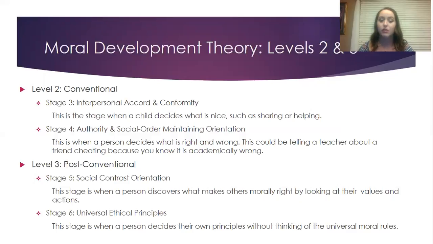Stage 6 is when you really apply that, and it is the universal ethical principles stage. This stage is when a person decides their own principles without thinking of the universal moral rules, such as almost the whole world knows it's really nice to open a door, but this person decides he doesn't want to do that.